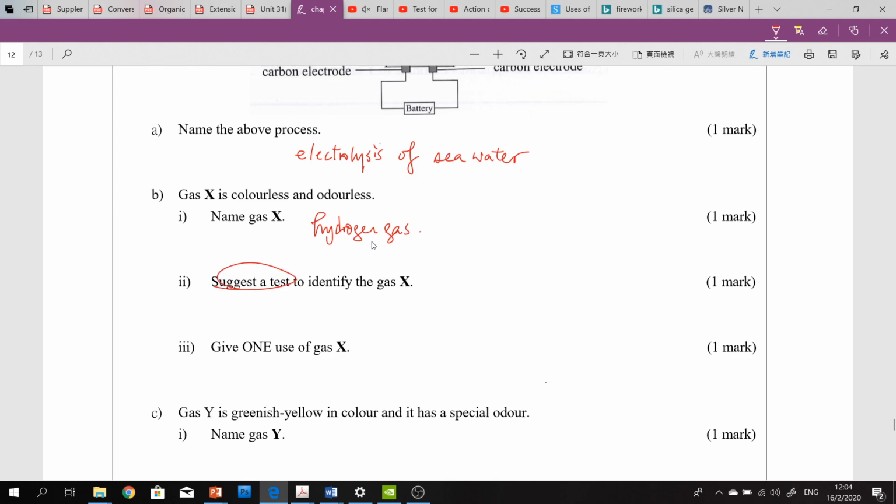How will you use a test to identify gas X? Yes, that's right.